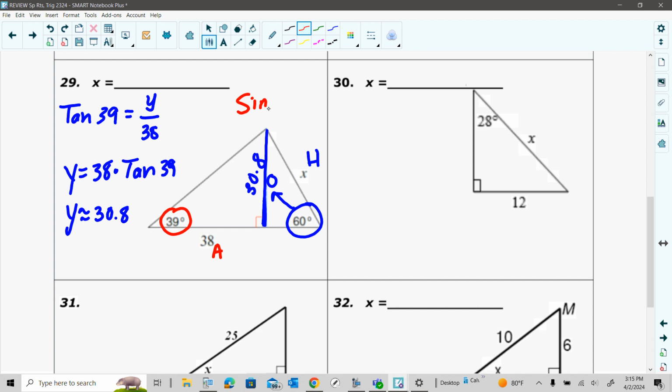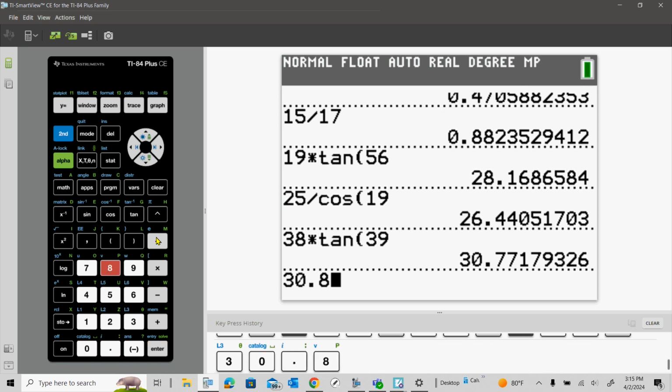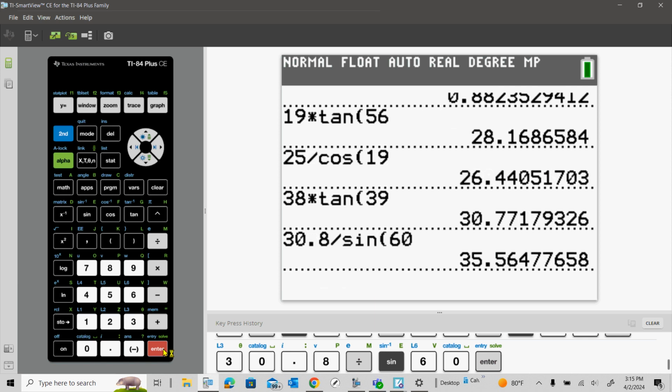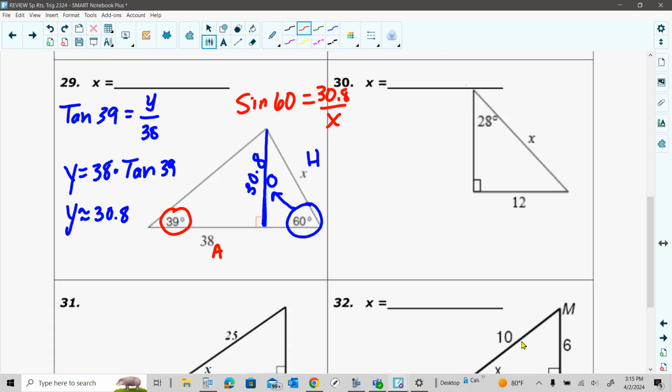So I could do sine of 60 equals the 30.8 over the x. Now here, x is on the bottom, so to solve, we're going to divide by the sine of 60. And we get 35.6. Okay, 35.6.